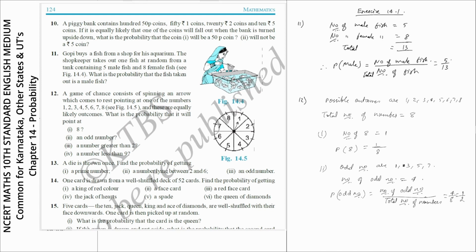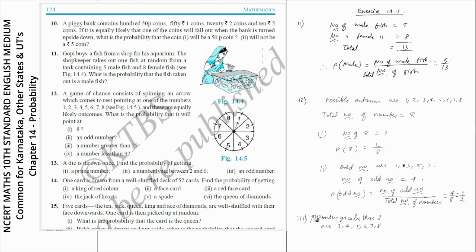Next, a number greater than 2. Numbers greater than 2 are, in the possible outcomes, what are the numbers greater than 2? 3 is greater than 2, 4 is greater than 2, 5 is greater than 2, 6 is greater than 2, 7 is greater than 2, 8 is greater than 2, totally 6.